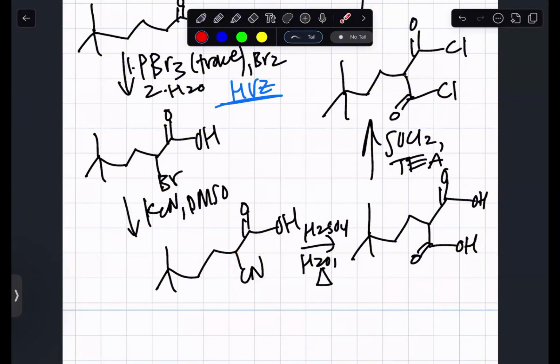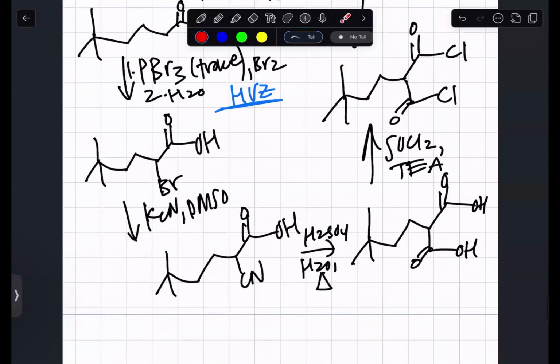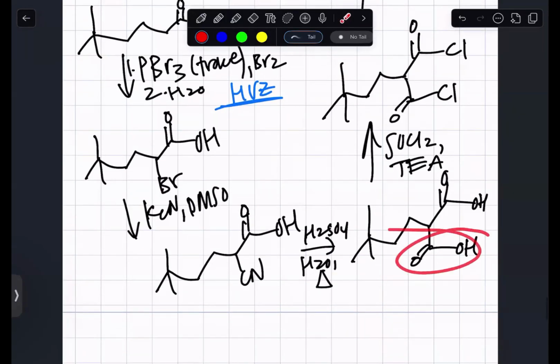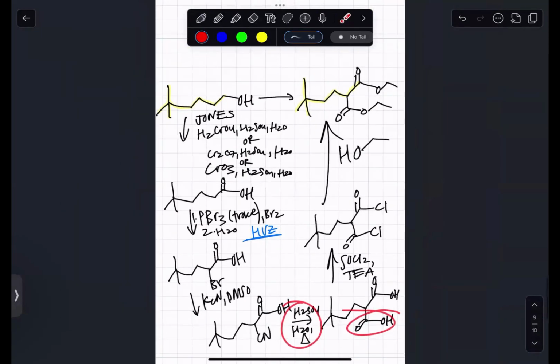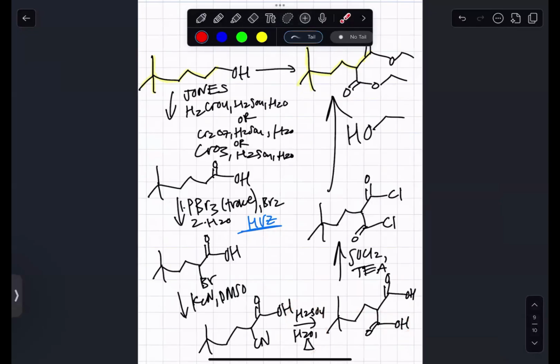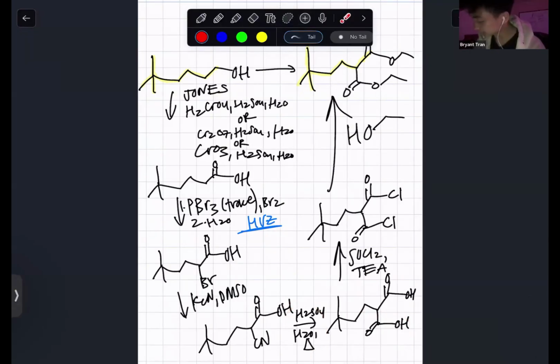And then later on, after it's converted to the carboxylic acid, and then we're using SOCl2? Yeah. Would there be a workup? Acid workup? No, there won't be acid workup from here.